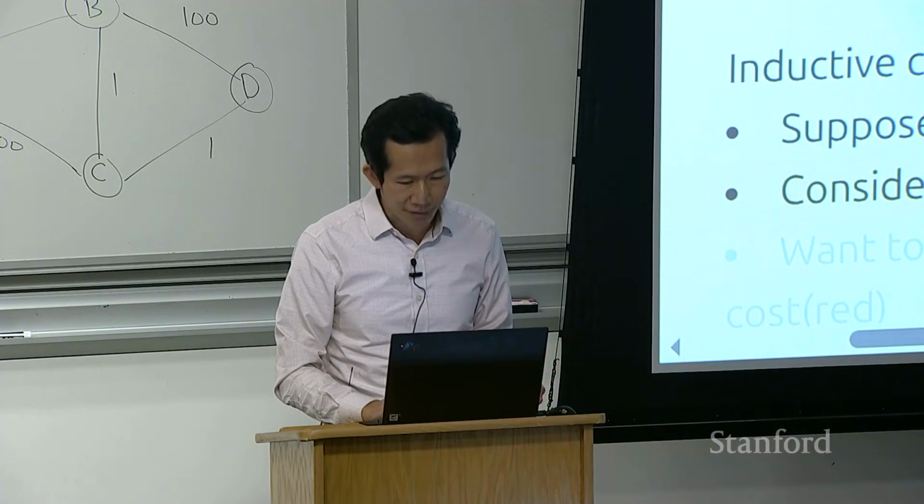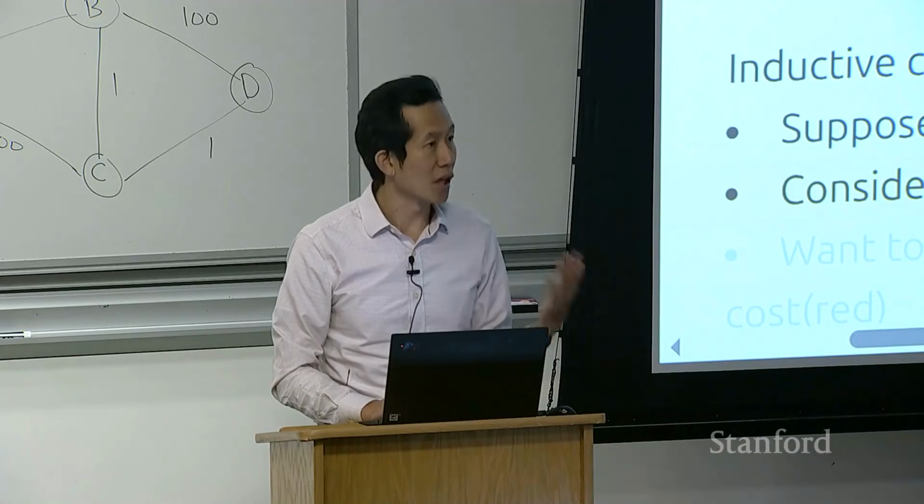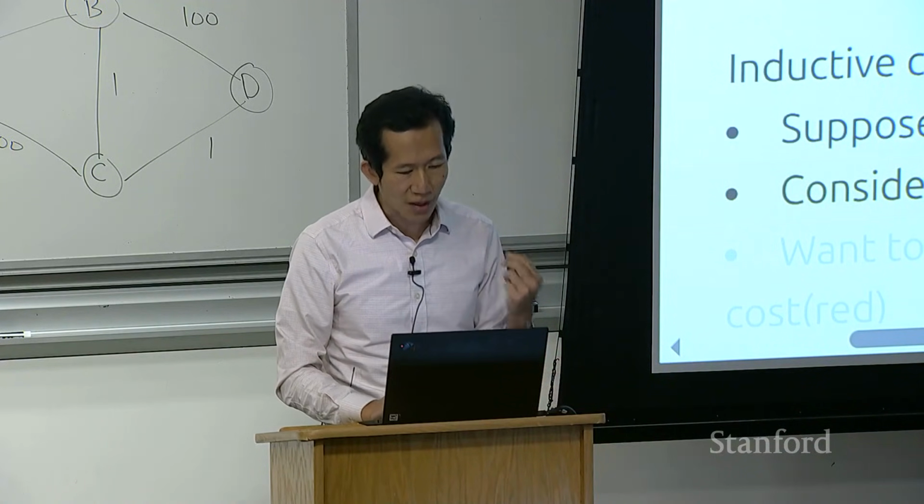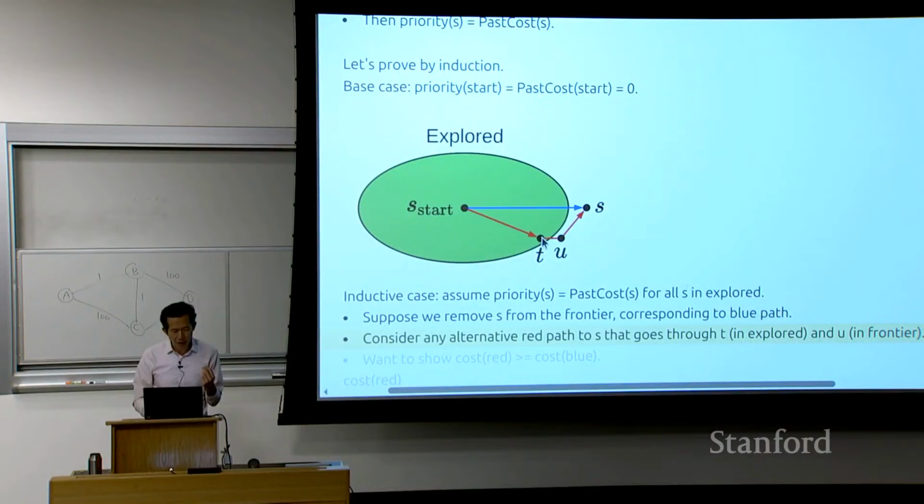Okay, so I'm going to call that the red path, and without loss of generality, it starts at start, which is in explored, while S is not in explored, so it has to cross over at some point. So let's suppose it crosses over this bridge from T to U. U could be S, for example, T could be start, but in general it looks like this.